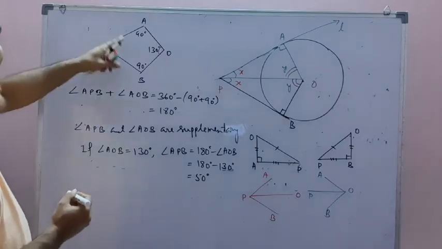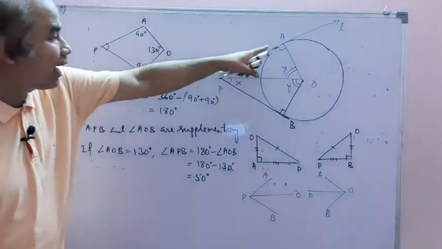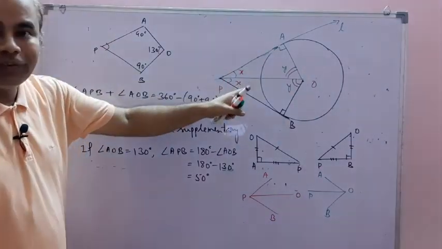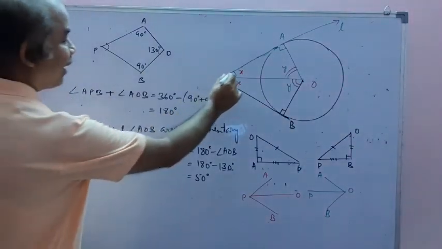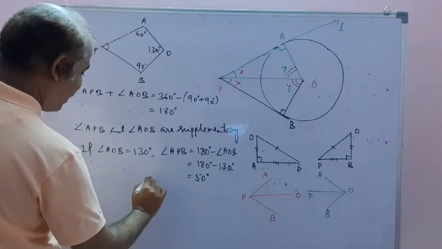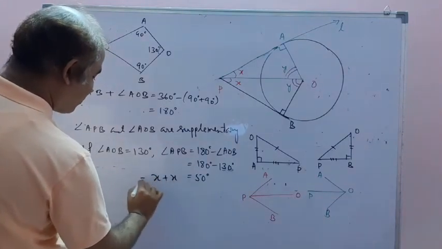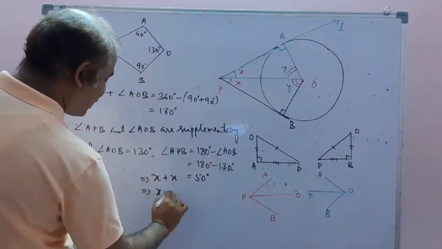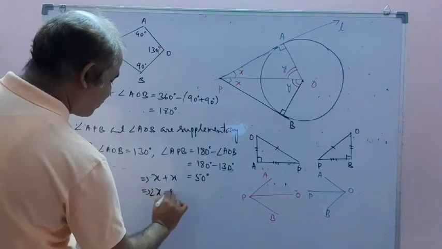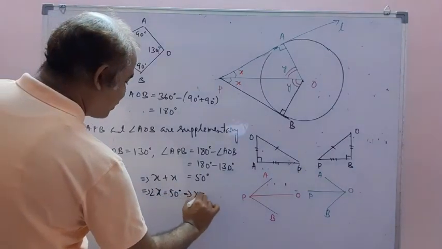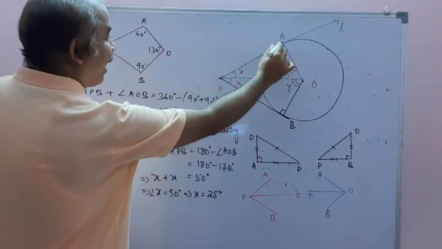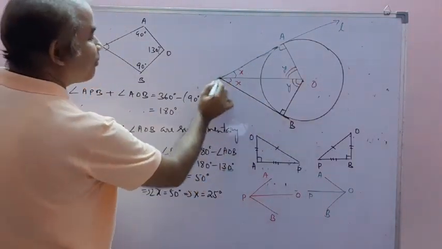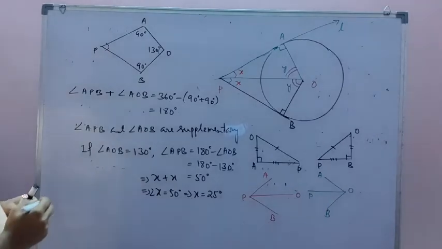If APB is 50 degrees, then what is angle APO? The total angle is 50 degrees, so X plus X is 50 degrees. So twice X is 50, and X is 25 degrees. That means individually I can find out angle APO and angle BPO.